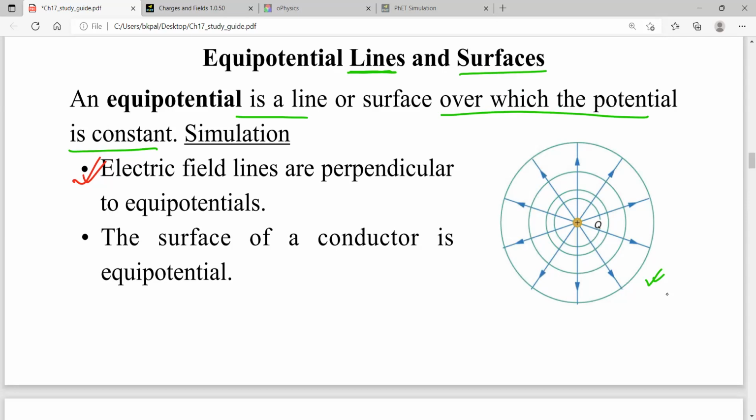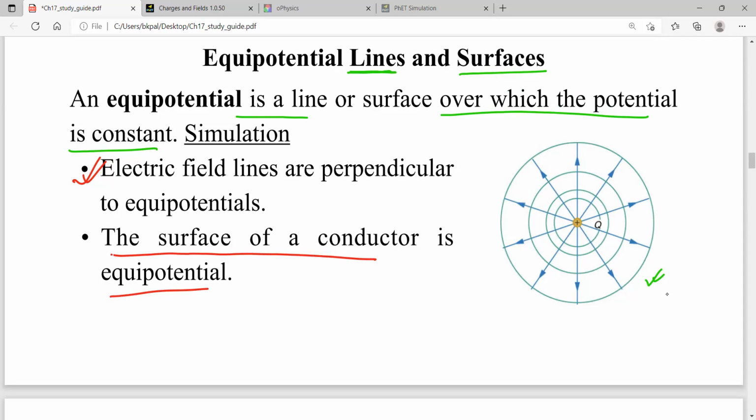The surface of a conductor is an equipotential. We already saw somewhere in the last chapter that there is no electric field inside a conductor, right?